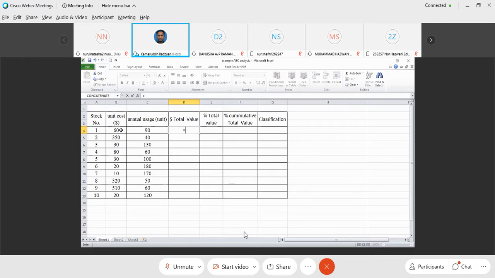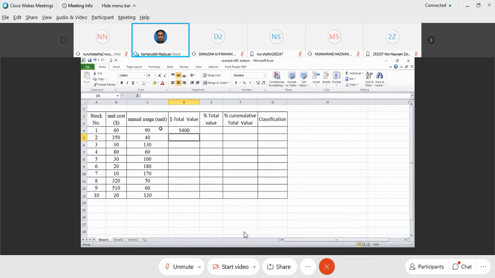So we multiply the unit cost with the annual usage. 60 ringgit multiplied with the total annual usage of 90 units. So we have 5,400 ringgit for the total value of part number 1.